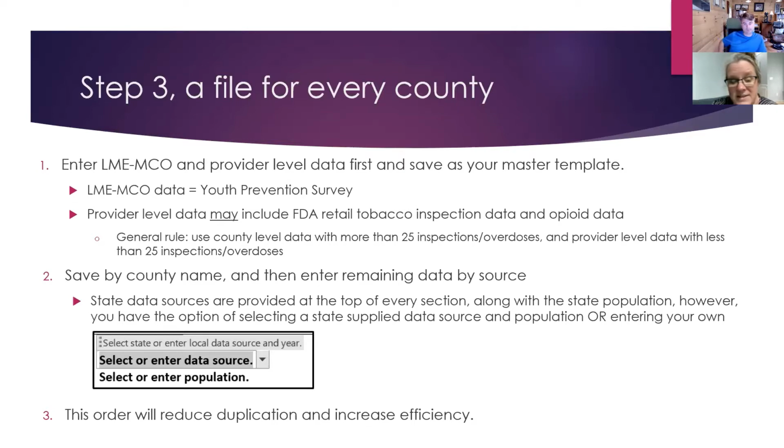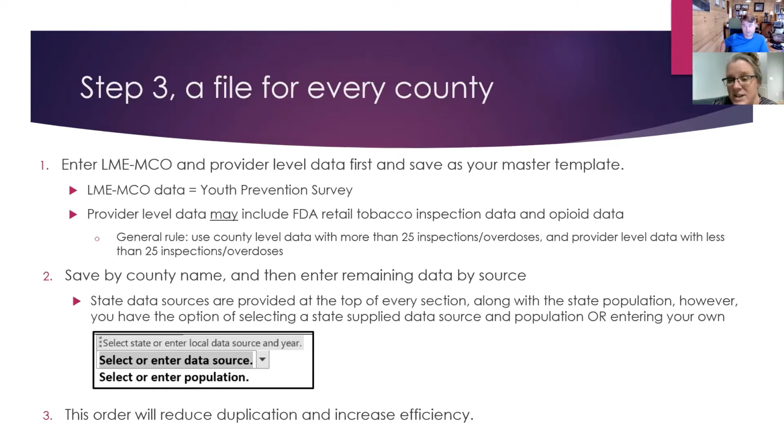As a reminder, we have shared a file to show the actual FDA tobacco data inspections, as well as how you decide whether or not to use the county level data or your provider level data.